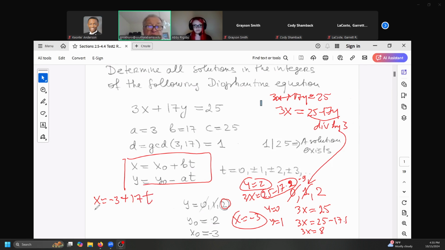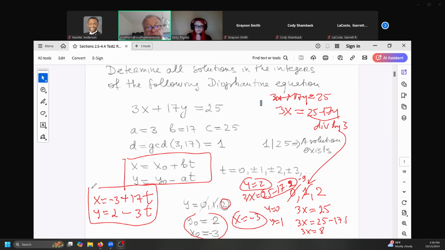And for y, y equals 2, the first term from here, minus a, which is 3, times t. This is the formula for all possible solutions of this Diophantine equation.